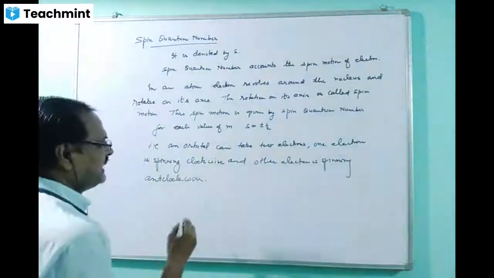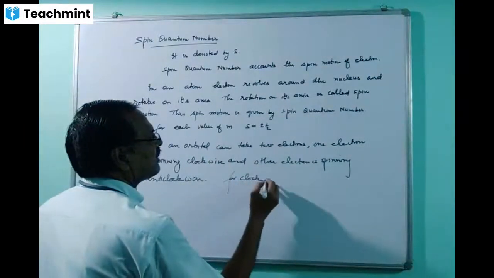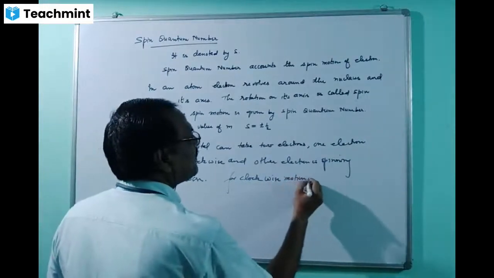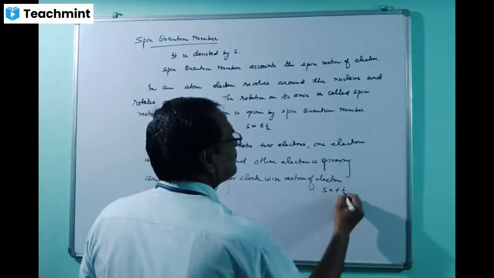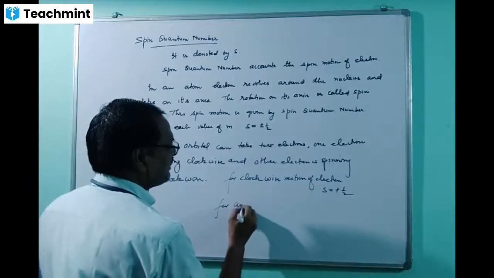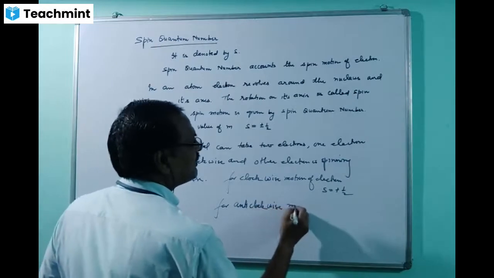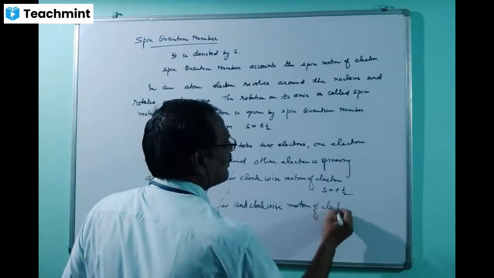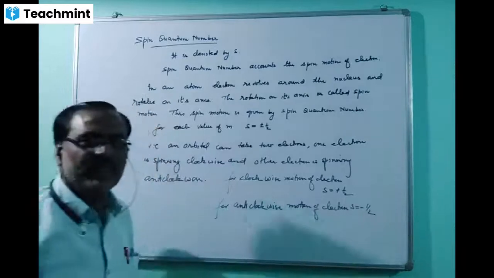So for the clockwise motion of electron, s is equal to plus half. For the anti-clockwise motion of electron, s is equal to minus half.